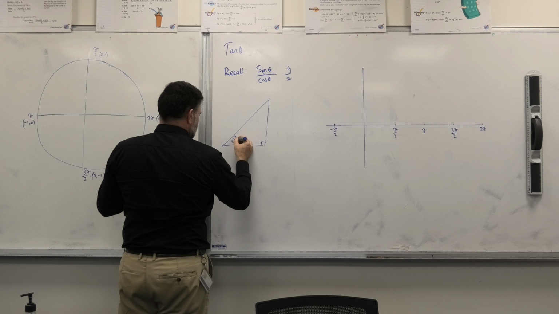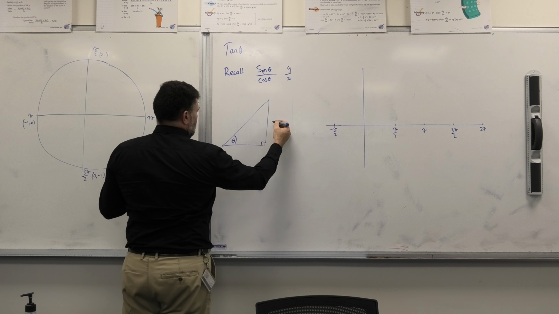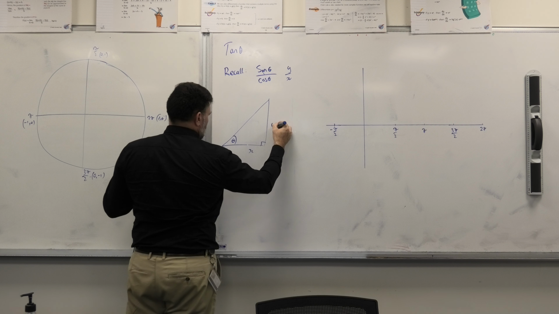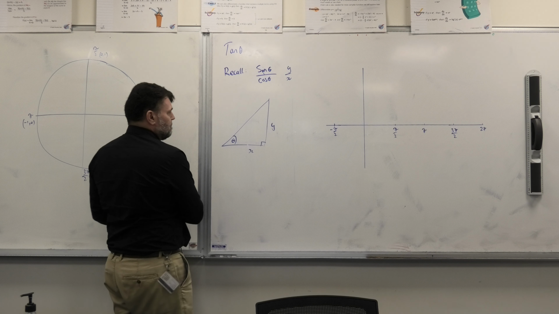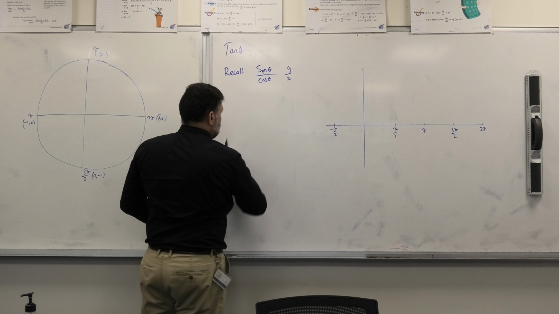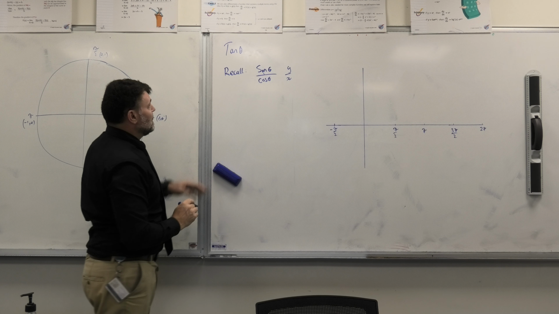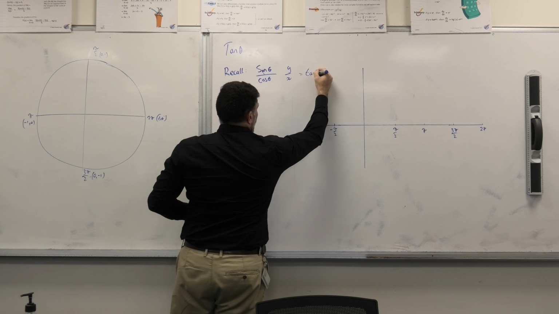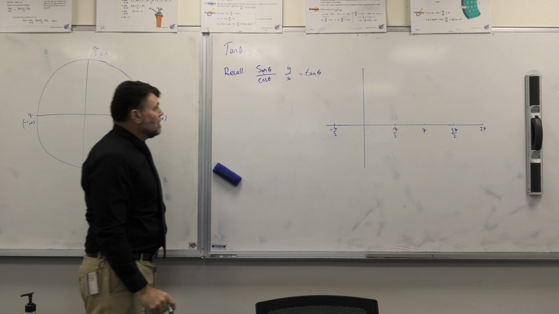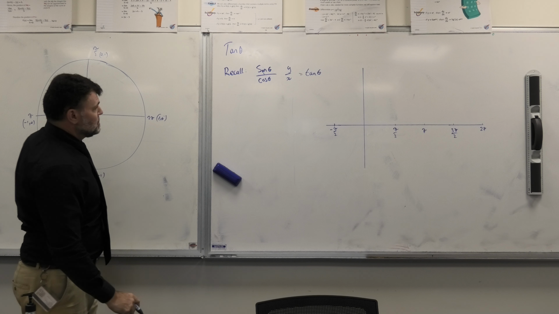This here is our theta, and we have x, y, and opposite over adjacent would give me that tan function. So we can work out tan by using our understanding of these unit circles.